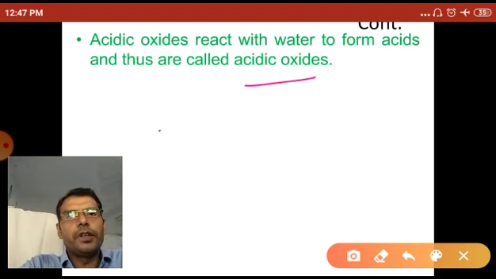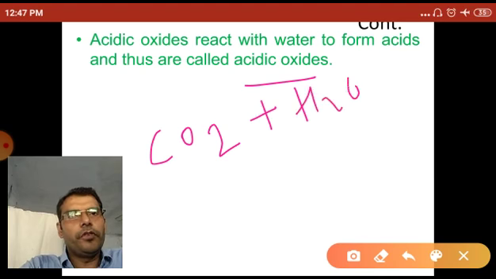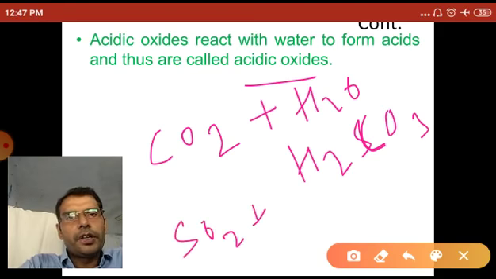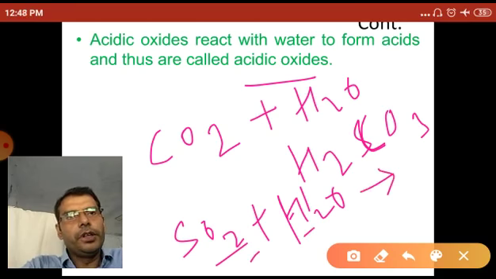As for example, when CO2, a non-metallic oxide, reacts with water, it forms carbonic acid, H2CO3. When SO2 dissolves in water, it reacts with water and forms sulfurous acid, H2SO4, acidic in nature.